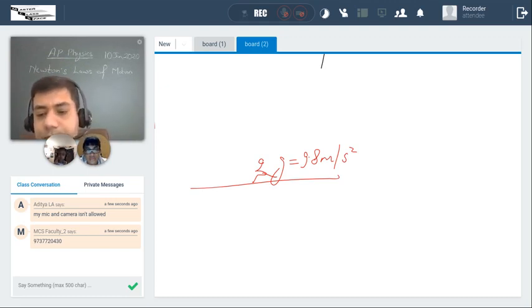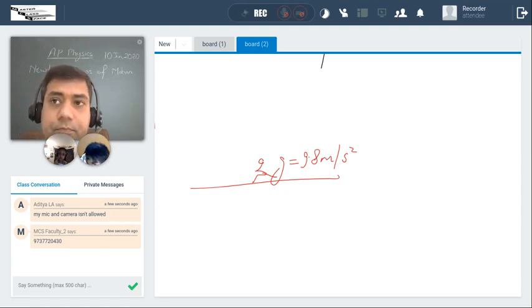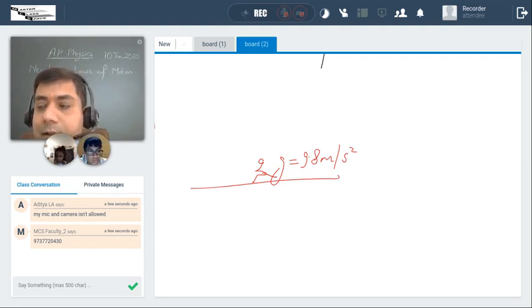But this 9.8 meter per second square, if you go around 3,000 or 4,000 kilometer away from the surface of Earth, this 9.8 will not remain 9.8. It will decrease. Got it?